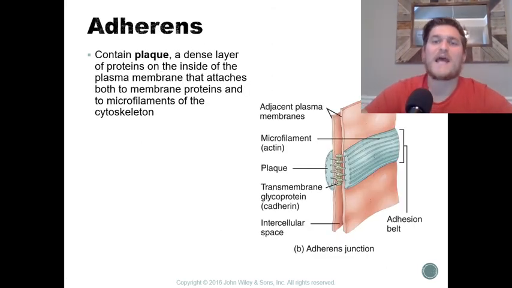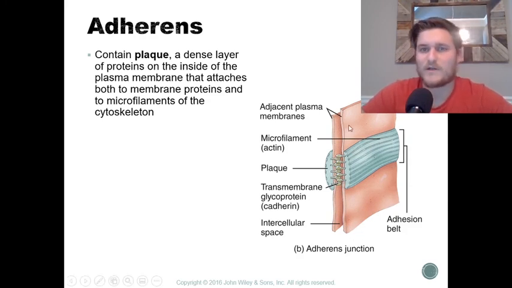Next, adherens junctions are going to contain what's called plaque, which contains these actin microfilaments and also these transmembrane glycoproteins, which are going to help tether these two plasma membranes together.